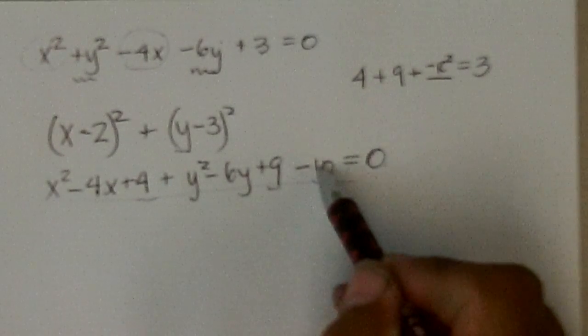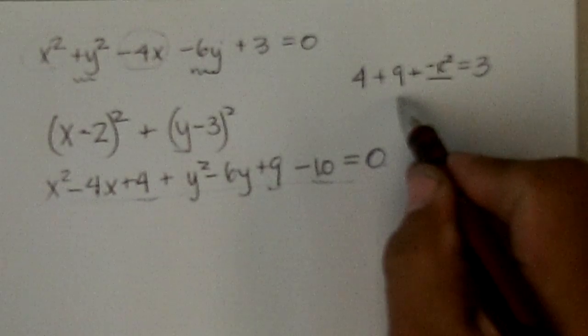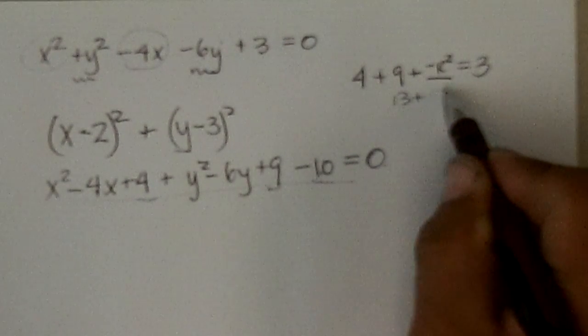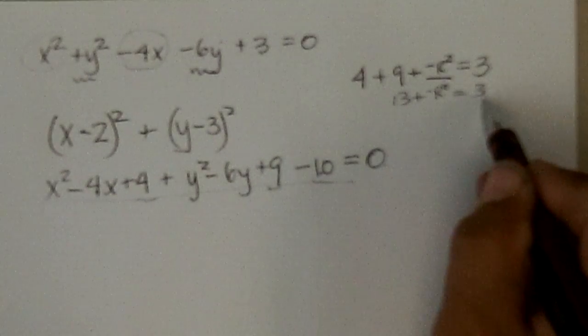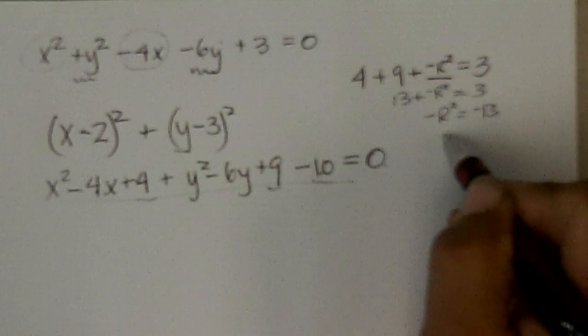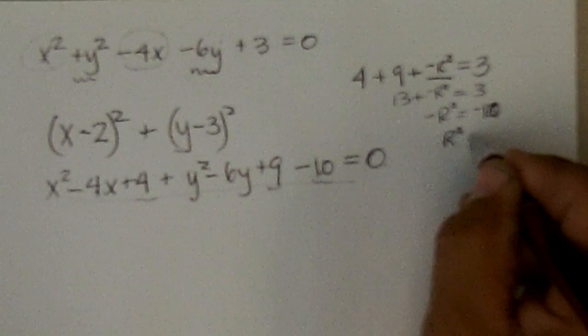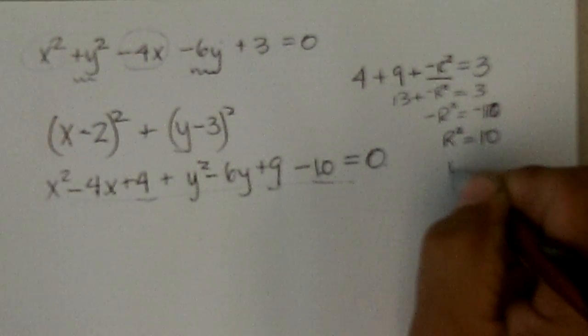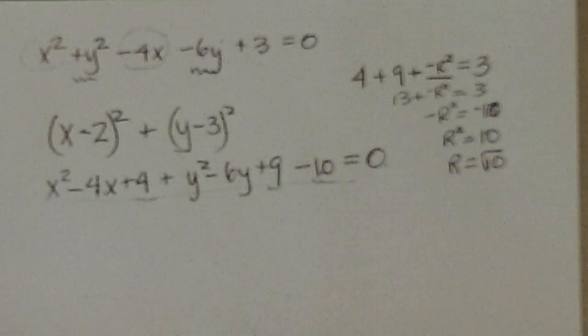So we get this 10. You could solve this. That would be 13. Subtract 13 from 3. 13 plus the negative of the radius squared equals 3. Subtract 13, we get negative r squared is negative 10. R squared equals 10. R, the radius, equals the square root of 10, which is what it was.